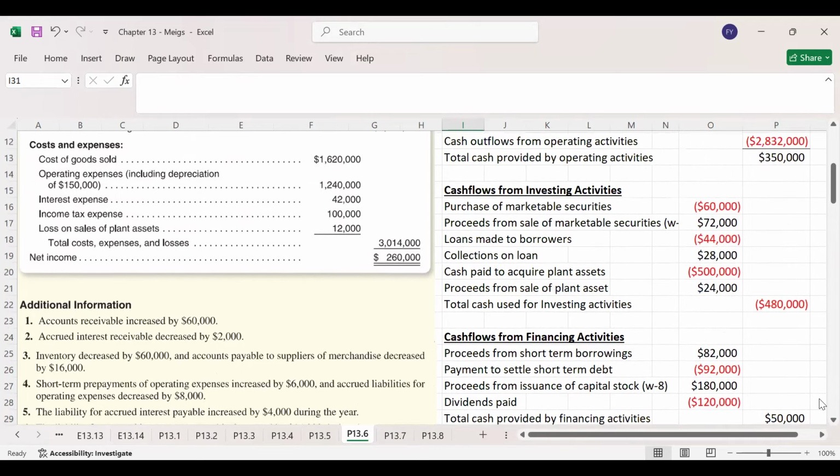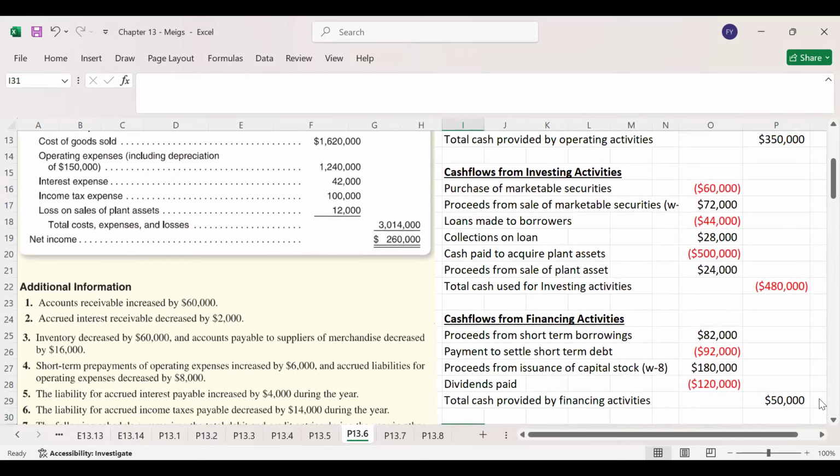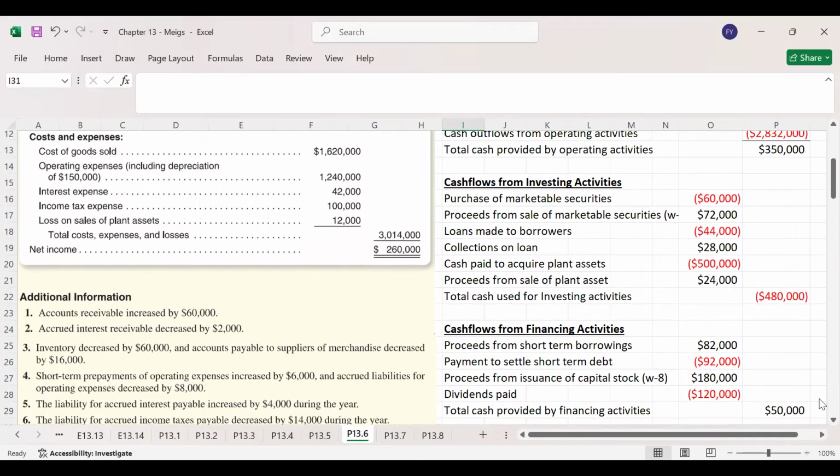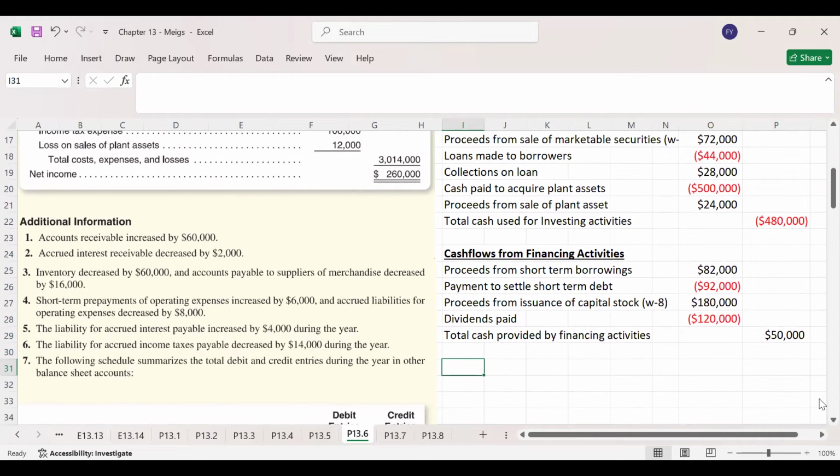So the net increase or decrease would be here. Net cash increase or decrease: if the amount is negative, this means a decrease during the year.